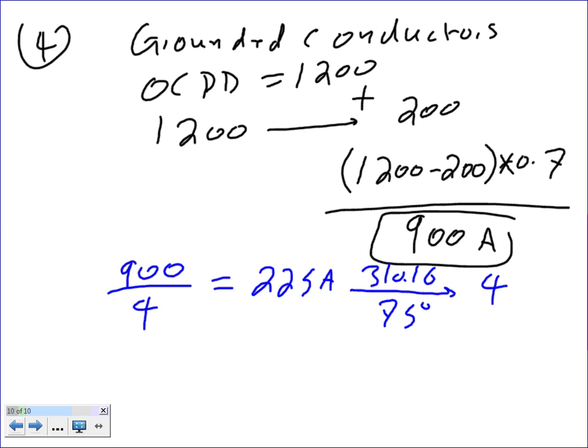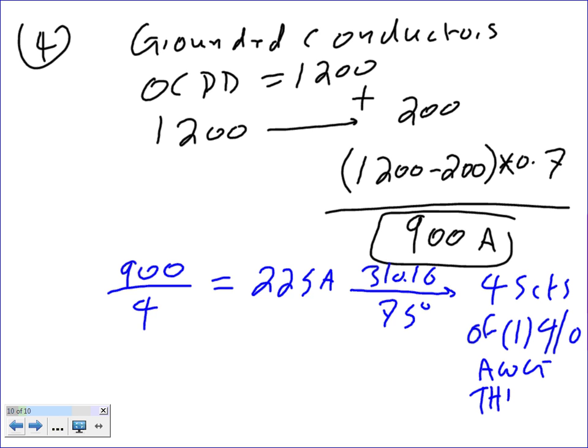Thank you. 4 sets of 1 conductor for the neutral, AWG, THHN. That's a complete answer. 4 sets of 1 conductor, AWG, THHN. The insulation is a big deal.